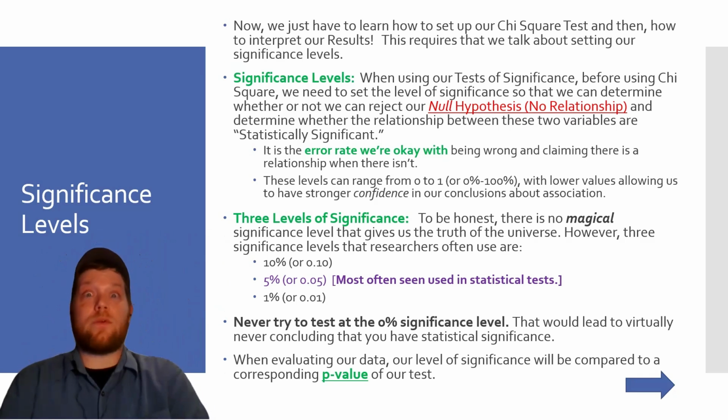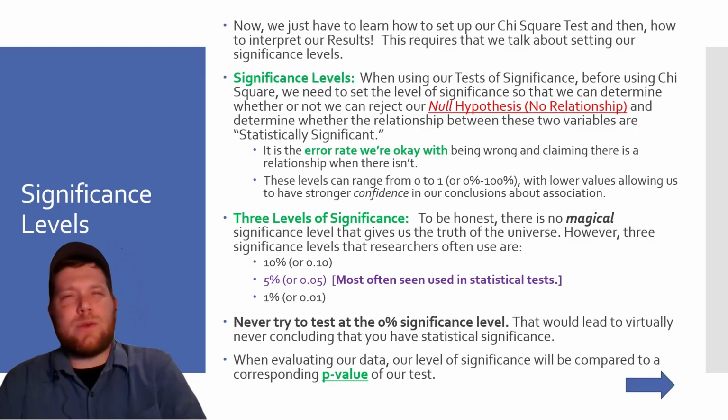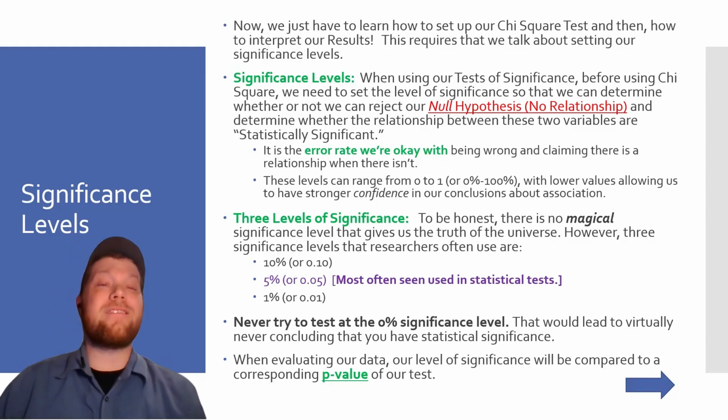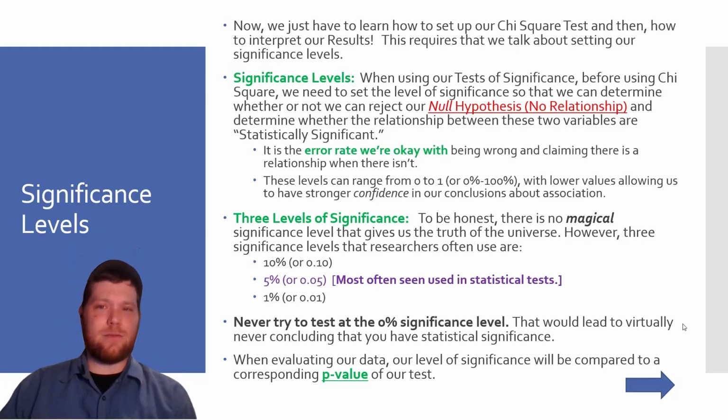Hopefully it's small. We don't want to make it a big difference, but we'll have some error in it. And since the error is bigger than zero, we'd never be good enough. So we'll want our error level to be low, but zero doesn't really work here. And when evaluating our data, our level of significance will then be compared to something called a p-value for our test.